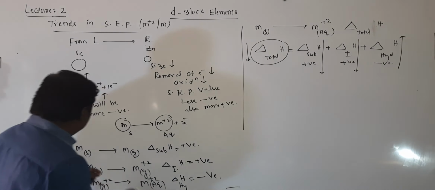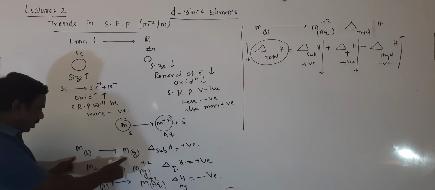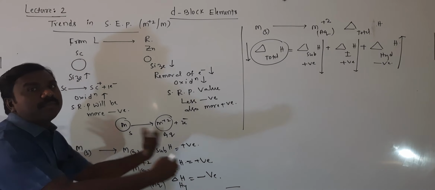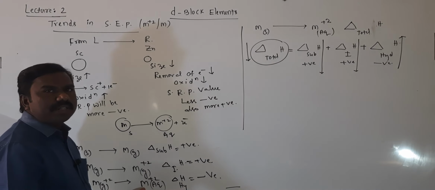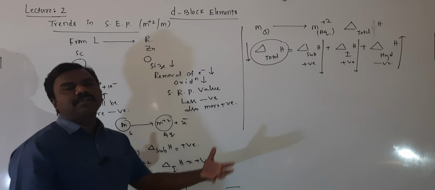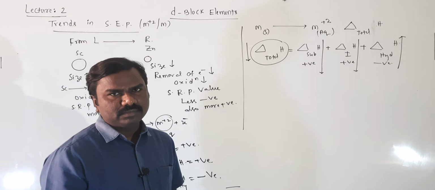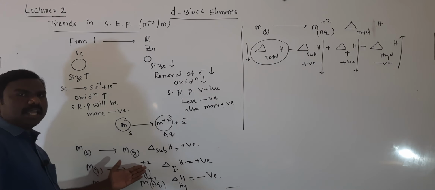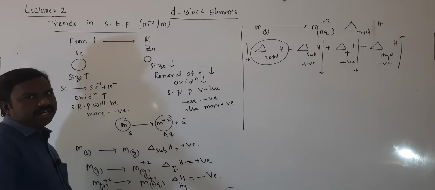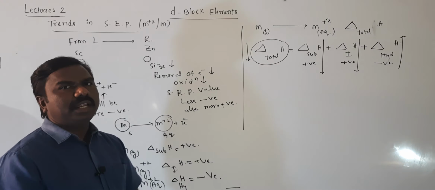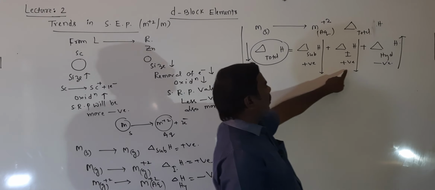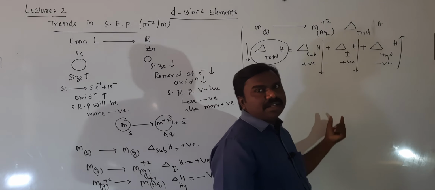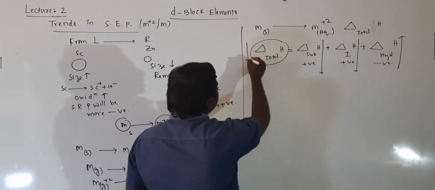Observe clearly: with less energy the metal is converted into gas, with less energy into a gaseous ion, and it is easily and more strongly hydrated, so it immediately forms M2+. More hydration means a more negative value, more energy released. So the positive values must be lower and the hydration value higher. Positive is less, required energy is less, released energy is more. Then the total will be less.